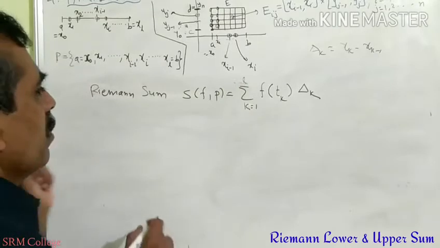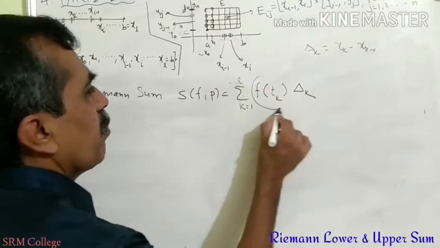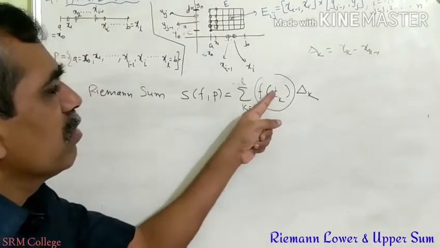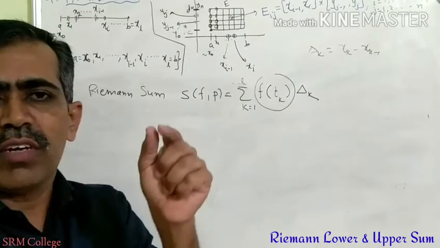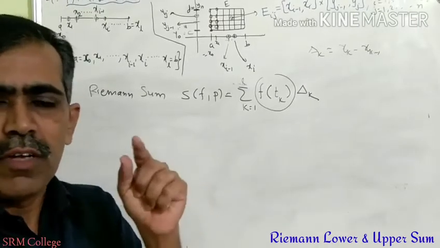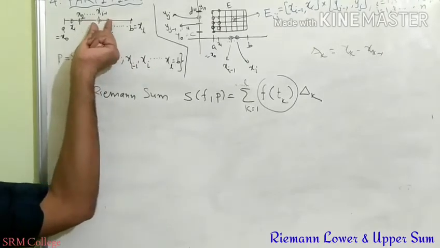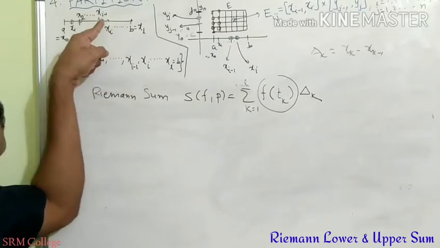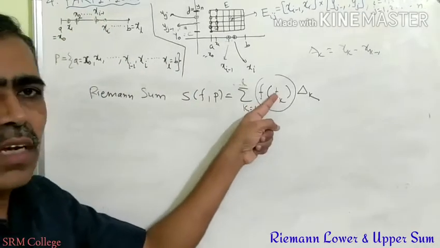Now, here we are considering the kth subinterval, xk minus 1 to xk, or the ith subinterval, it doesn't matter in the notation. The value here is f of tk, the value of the function at any point tk.